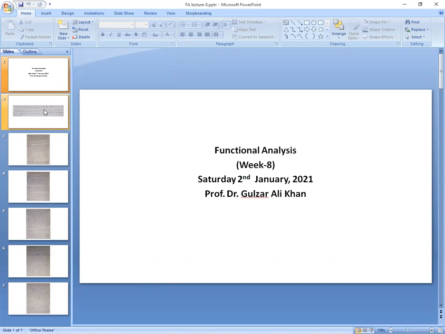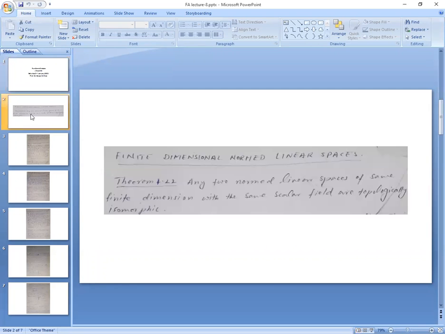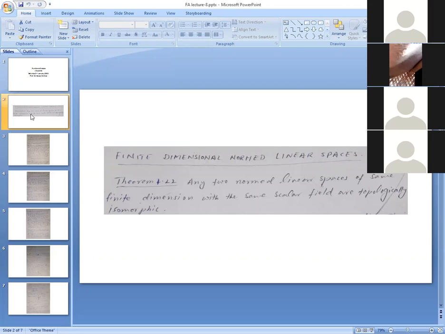Now we shall see applications of these ideas. So far, we were discussing normed linear spaces of arbitrary dimension. We did not mention anywhere whether our space is finite or infinite.